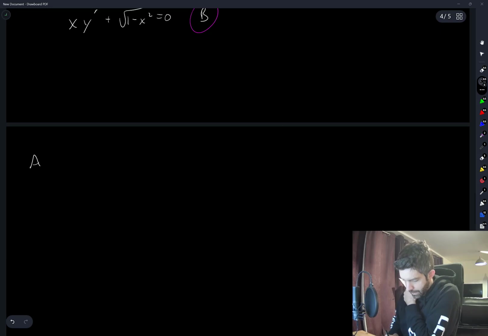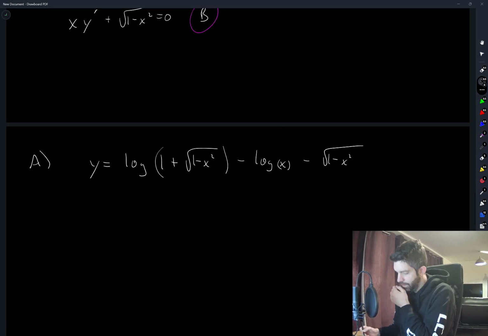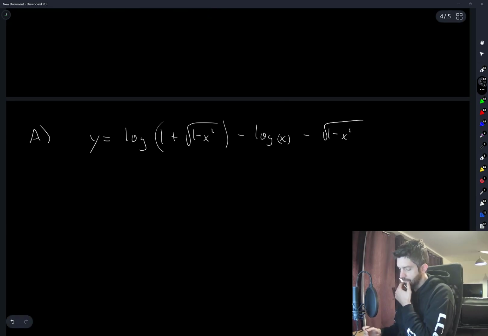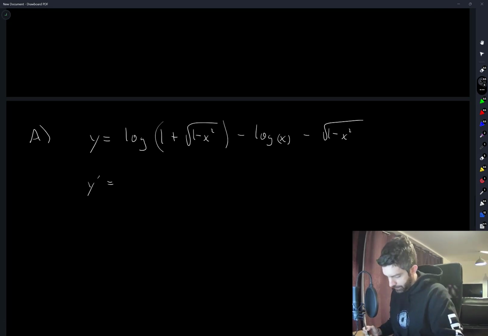So let's look at option A. Y is equal to log 1 plus root 1 minus x squared. I'll write this as minus log x minus 1 minus root x squared. Take a derivative. Might be pretty messy, but all right.